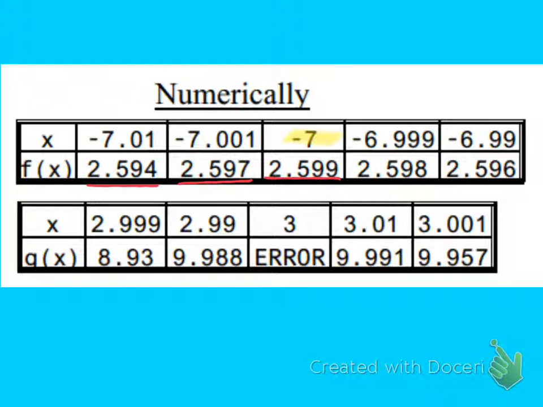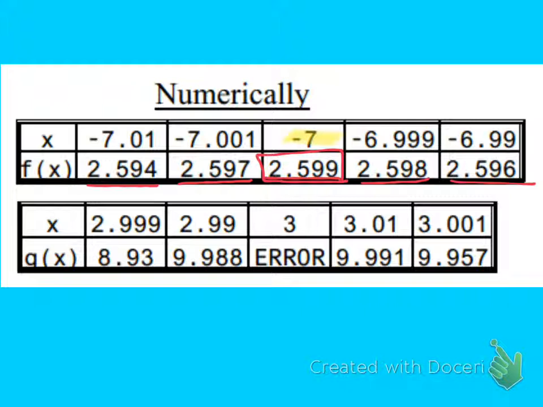We also take points from the right-hand side of -7, like -6.999 and -6.99, and we can continue on getting further and further away. These are the values that we get. As we are approaching the -7 that we're interested in, we see that we approach 2.599. That will be our limit for -7 in this case.